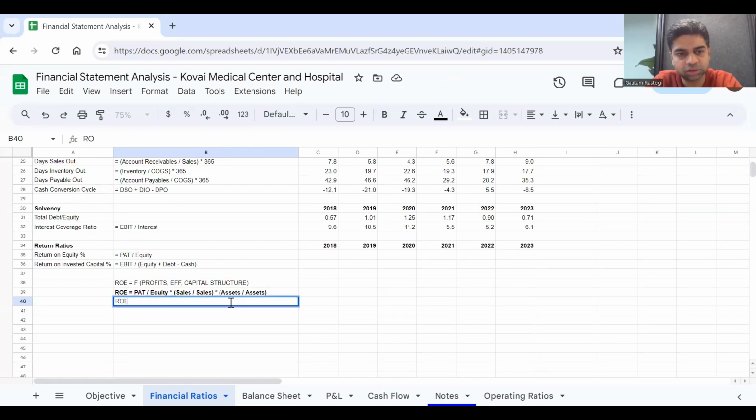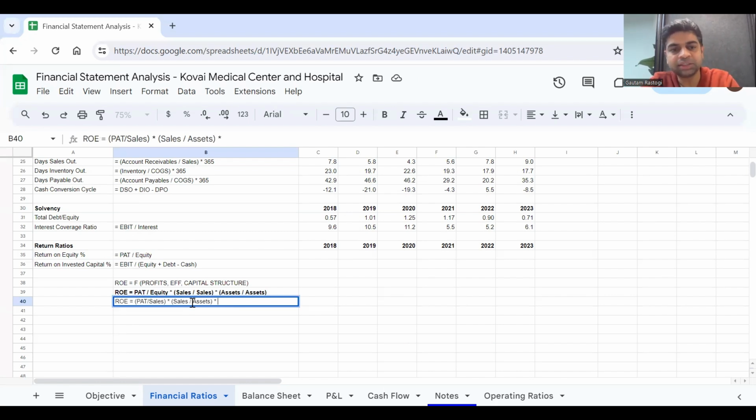Now let's rearrange. So it's PAT divided by sales, that's the profit margin, PAT by sales, and then sales divided by assets. What is it? Asset turnover, right? We've already estimated that up top.